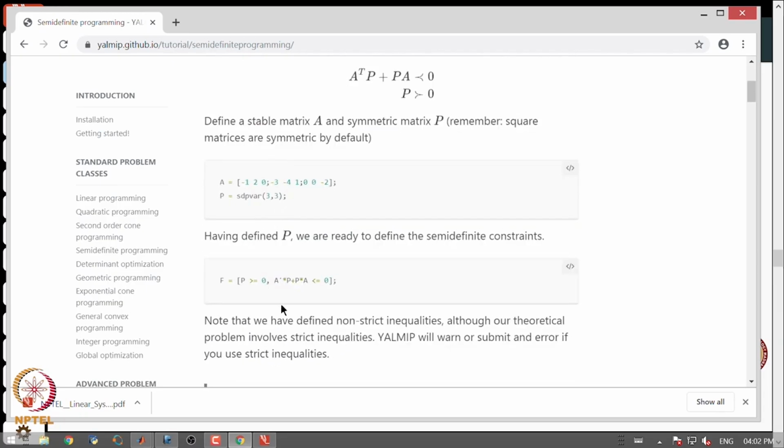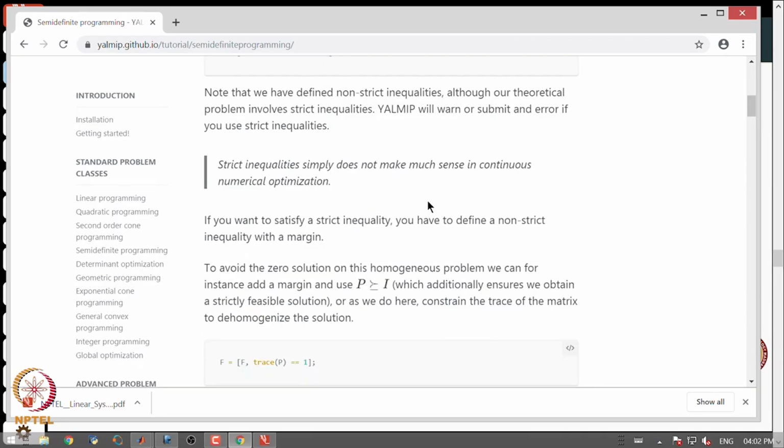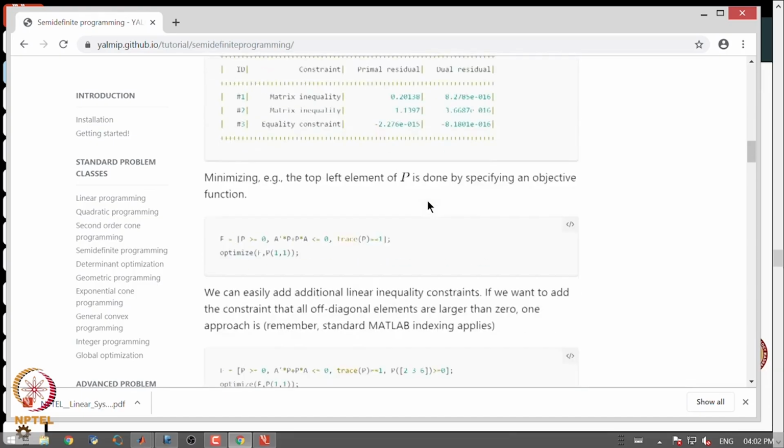There is a little warning which YALMIP gives us, that we are not really solving for strict inequalities, although theoretically we are looking for strict inequalities. P should be strictly greater than 0, and A transpose P plus PA should be strictly less than 0.